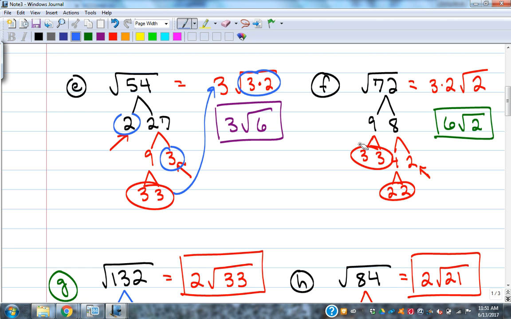Okay, so 3 times 3, that's this 3. This 2 is this 2. This 2 is that 2 right there. Okay, the 2 that's left over is on the inside. Then we multiply the 3 and the 2 on the outside to get 6. So it's 6 square root of 2.